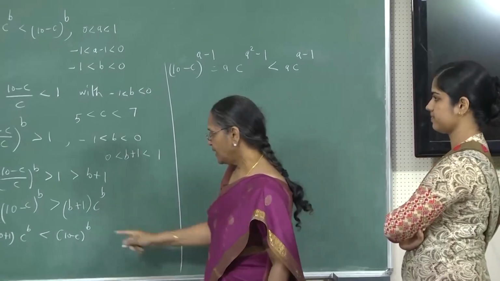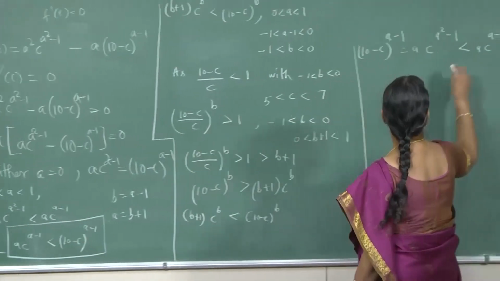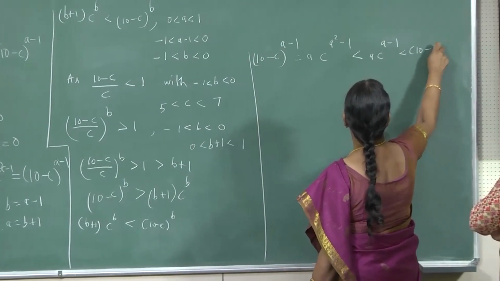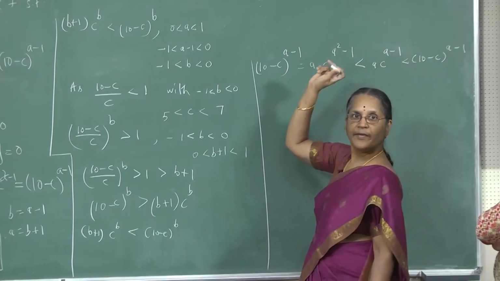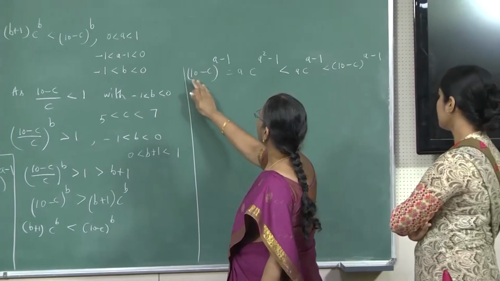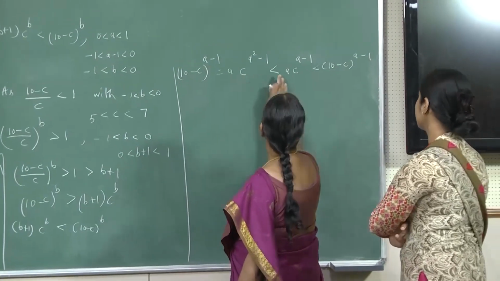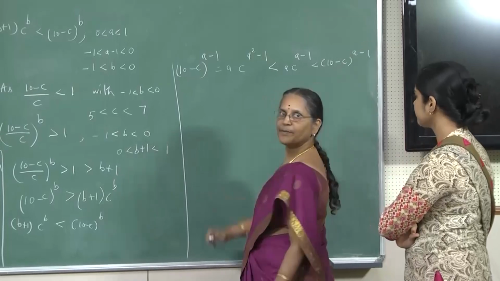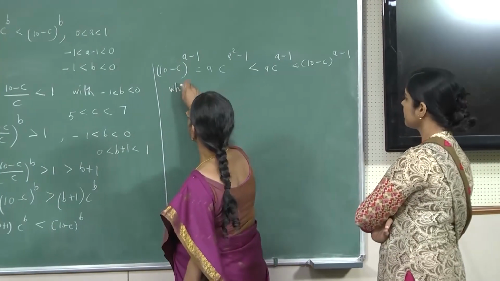But a c power a minus 1 has been shown to be less than 10 minus c to the power of a minus 1. So 10 minus c power a minus 1 is less than 10 minus c power a minus 1. Is this possible? This is not possible, which is impossible.